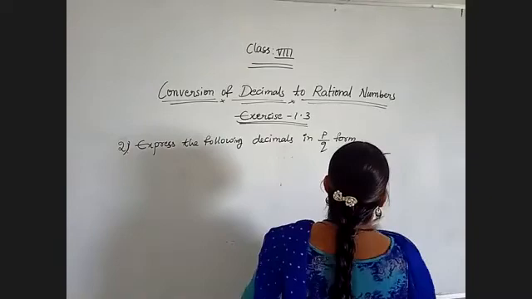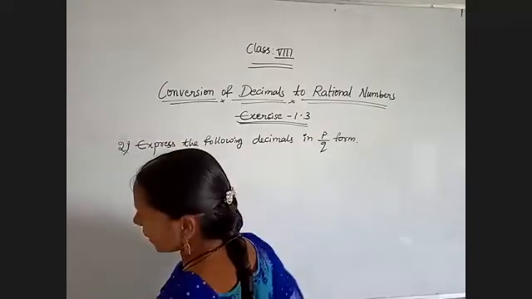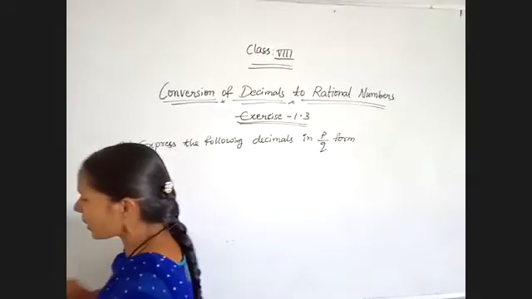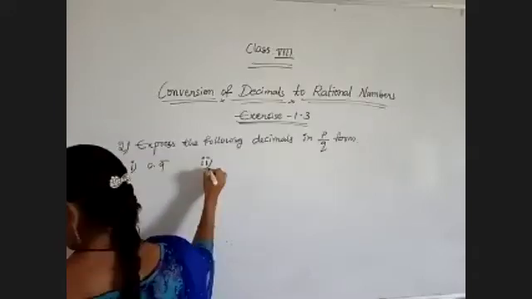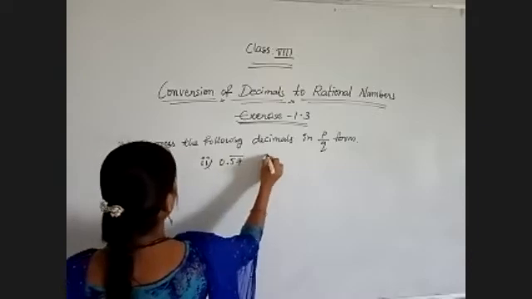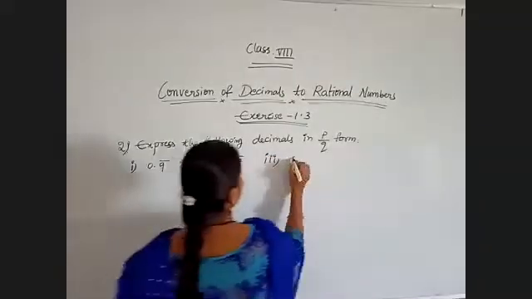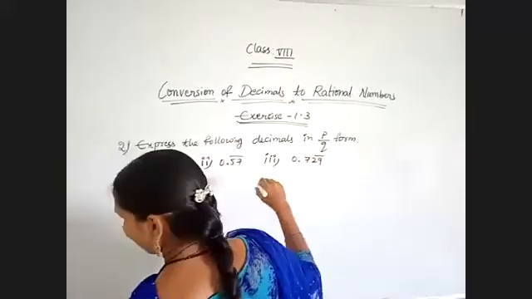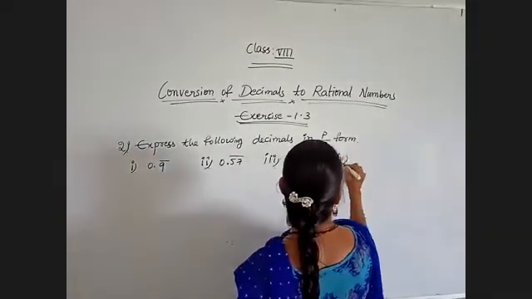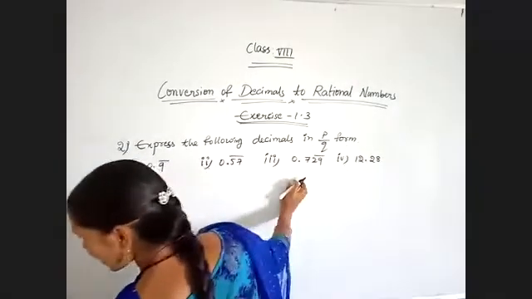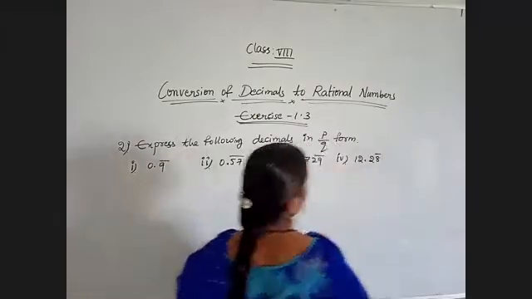So till now we have done terminating decimals, and how we convert the terminating ones. Other examples: 0 bar, second one 0.57 bar, third one 0.729 bar, and fourth one 12.28 where the bar is over the 8.